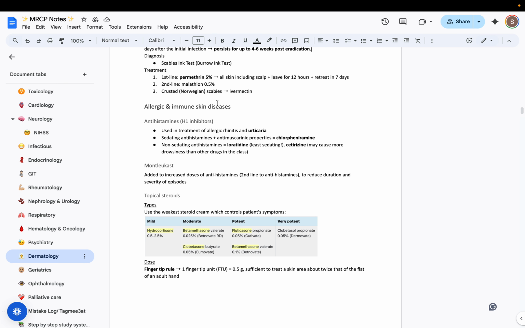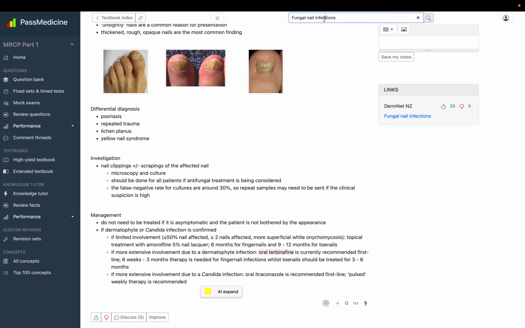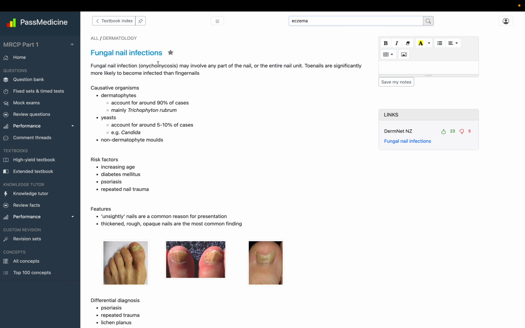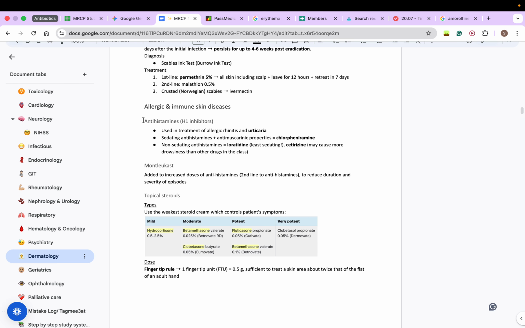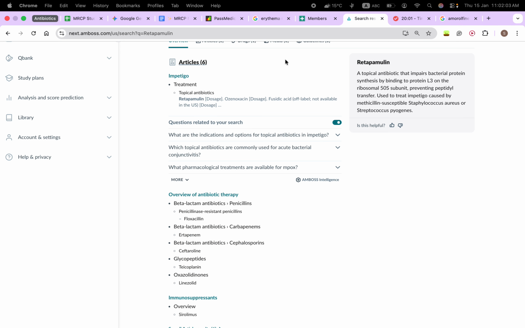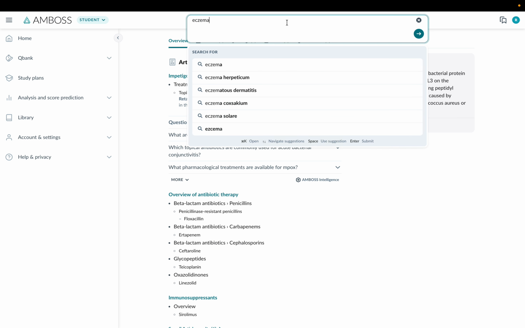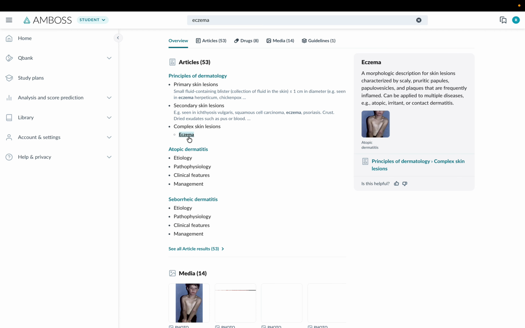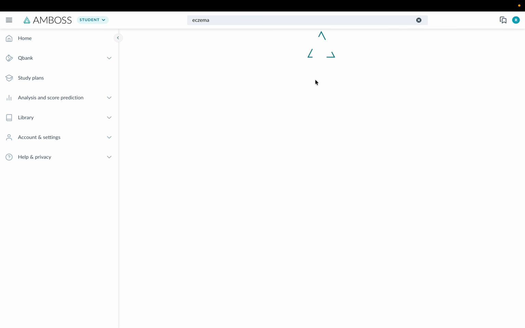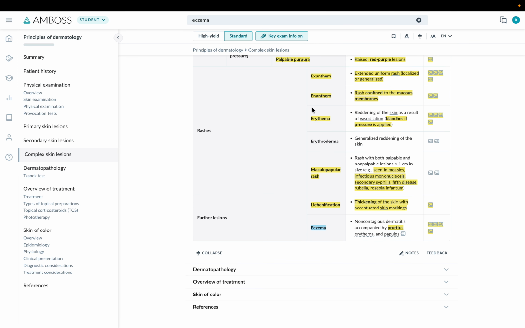Now for eczema, I just want to know what the term eczema refers to because that's important.